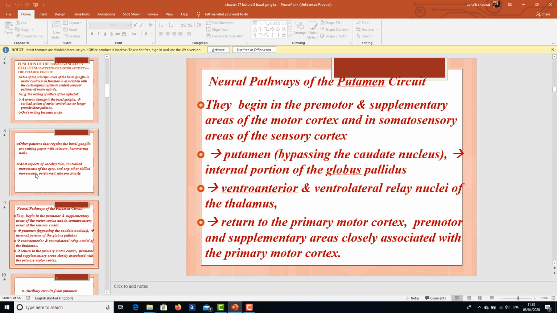Now, the neural pathways of the putamen circuit. They begin in the premotor and supplementary areas of the motor cortex and in the somatosensory areas of the sensory cortex. From the putamen, bypassing the caudate nucleus, they go to the internal portion of the globus pallidus, then the ventroanterior and ventrolateral relay nuclei of the thalamus, and they return to the primary motor cortex, the premotor cortex, and supplementary areas closely associated with the primary motor cortex.